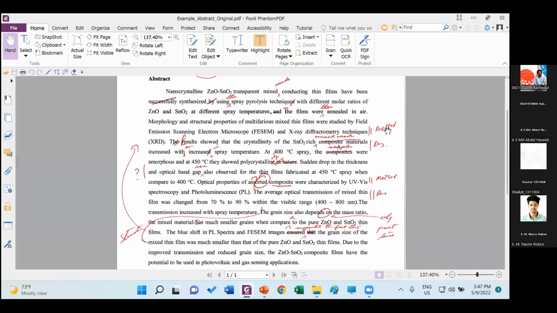He first writes the methodology and then the results, again methodology and then results. This is a very confusing flow. Readers will not be able to understand this easily. They may have to read a few times. Of course, the implication is there in the last sentence, but this is a confusing abstract, one of the reasons being that they mixed up different sections together. This is not a good practice.